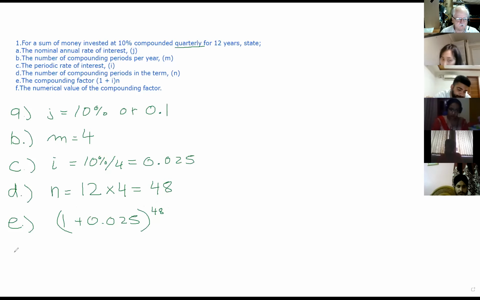And then they actually want us to figure out what this equals. So we're going to do 1 plus 0.025 equals, and then y to the x 48. And when you get this number, you cannot round it off.